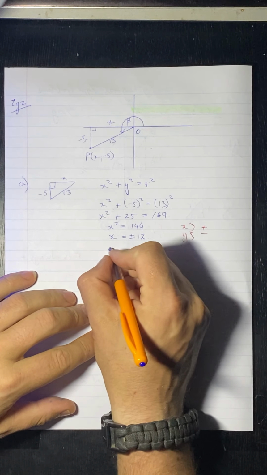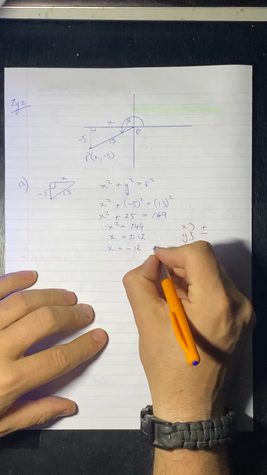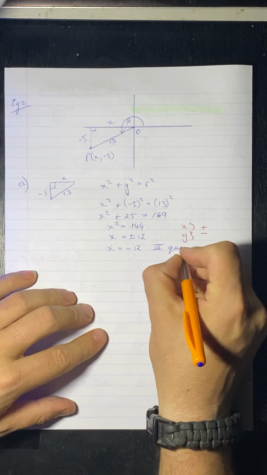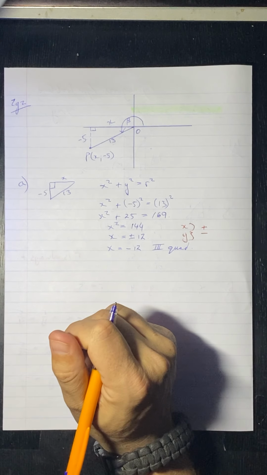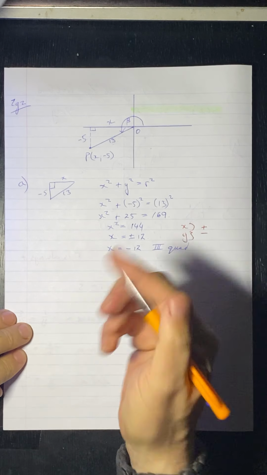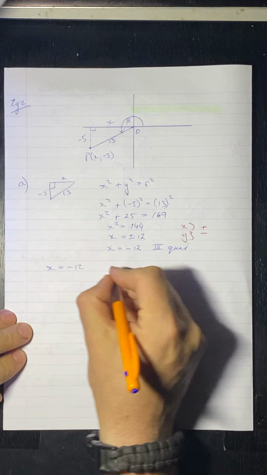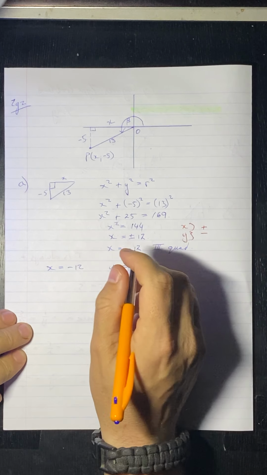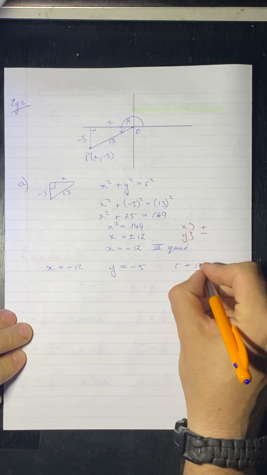So I'm going to say that x is equal to negative 12 because we're in the third quadrant. Let me summarize what our x, y, and r are. Our x we've just calculated to be minus 12, our y is minus 5, and our r is 13.